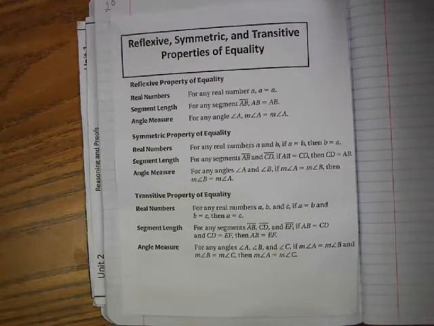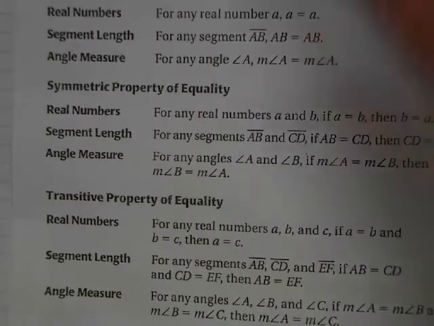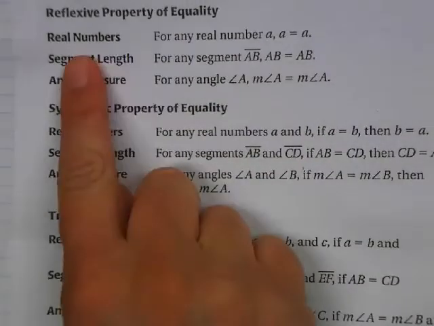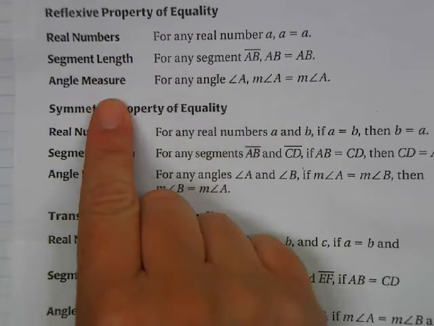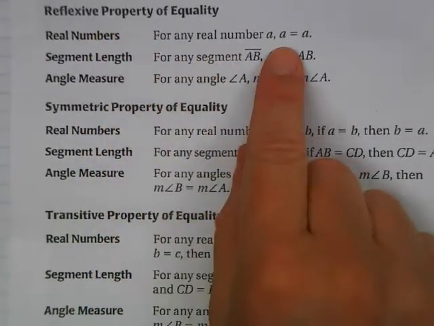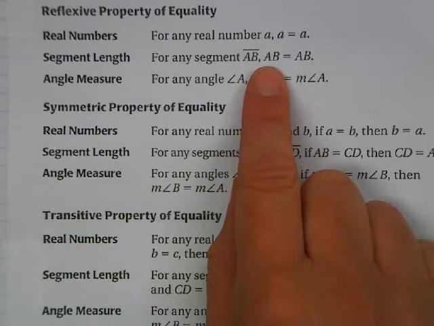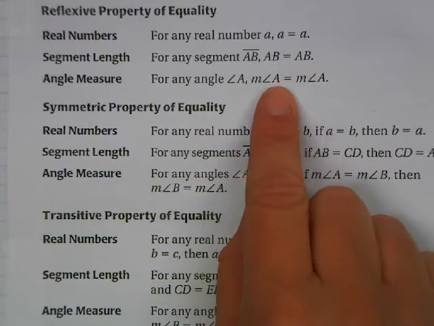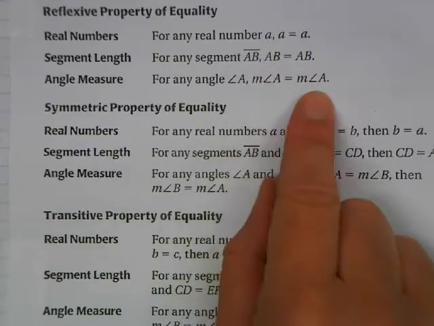And these properties of equality are true for numbers, so real numbers, for segment lengths and angle measures. So reflexive property just means that a number is equal to itself, or a segment is equal to itself, or an angle is equal to itself. That's reflexive property.